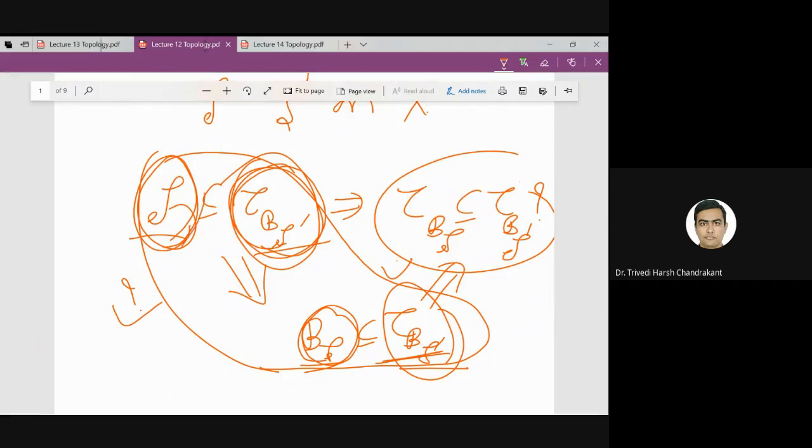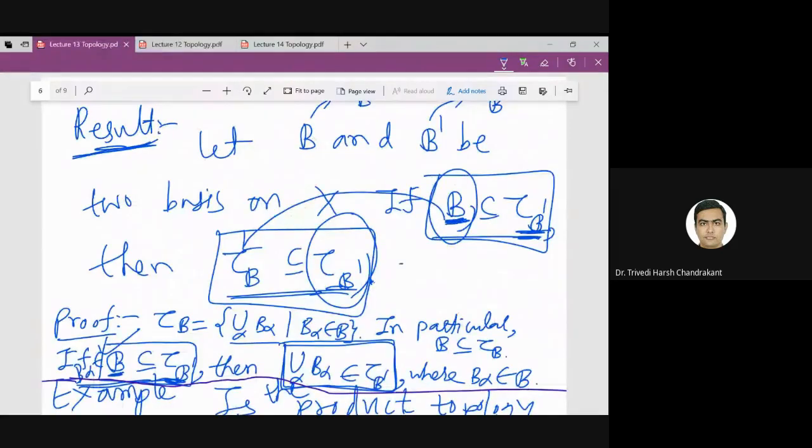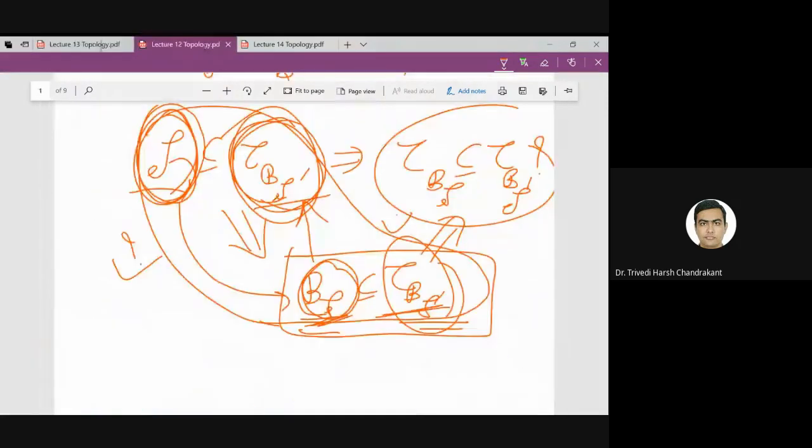So therefore, if I take all possible finite intersections, then I will get the basis. So that basis is also contained in this, right? That is exactly this. And then once the basis is contained in this, by this result, the topology generated by this basis is also contained in this topology.